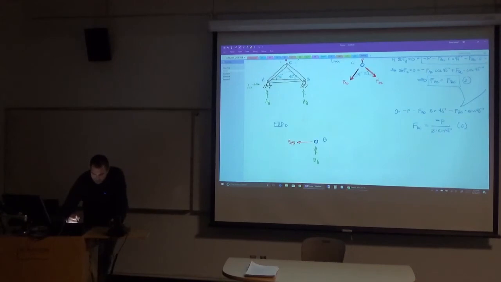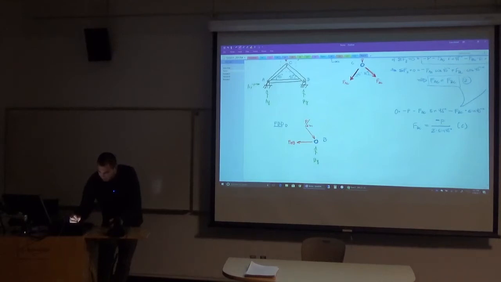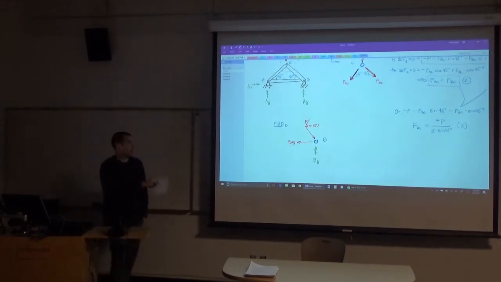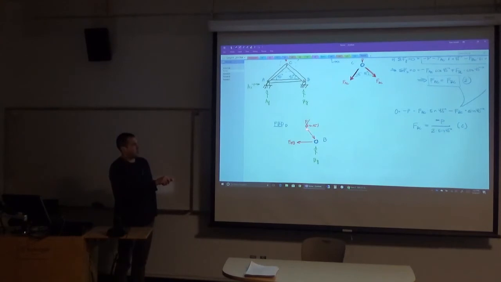And so I can draw that as P divided by 2 sine 45 and not put a negative symbol on it if I show it pointed in the correct direction. The actual sense of that member is in compression. So I've drawn it in the correct direction, which is compression, and I gave it a positive magnitude.